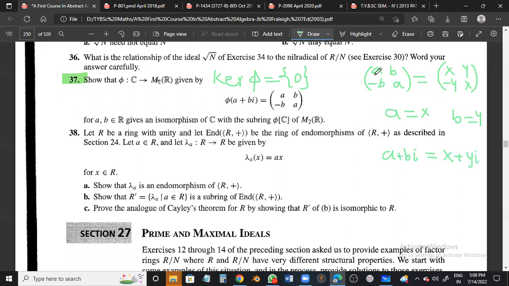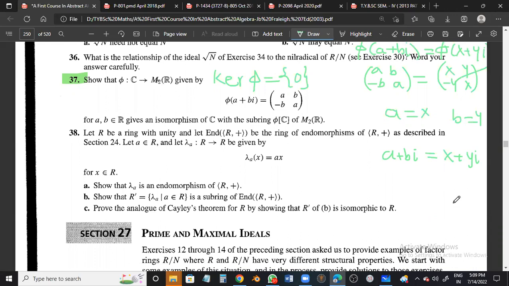So what we have shown is that whenever images are the same, we get the same pre-images, meaning my map is 1 to 1. Did you follow? Actually, we used to start from phi of a plus bi equal to phi of x plus yi. Is it so? We used to start like this, and we used to reach the fact that a plus bi is the same as x plus yi.